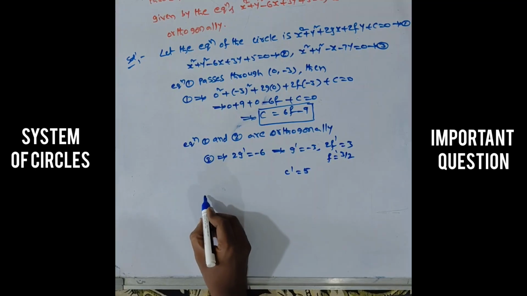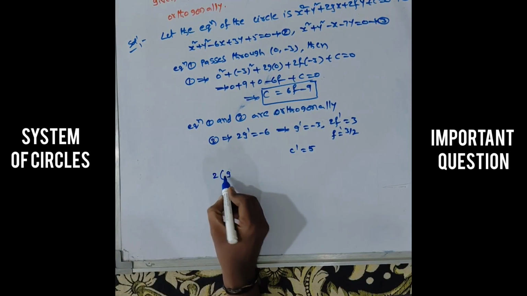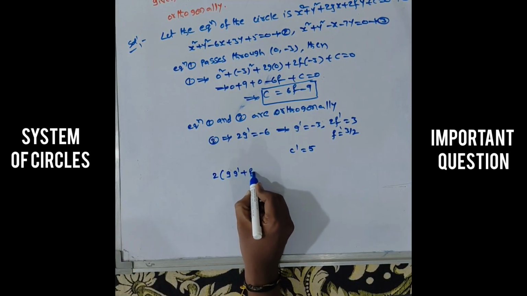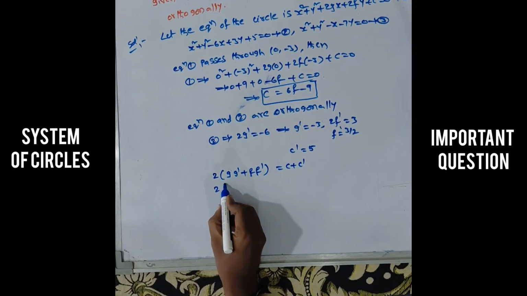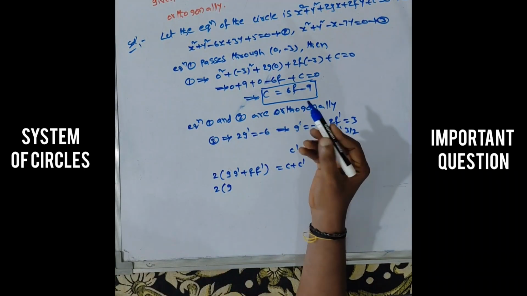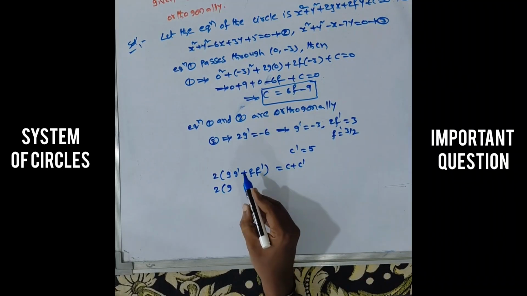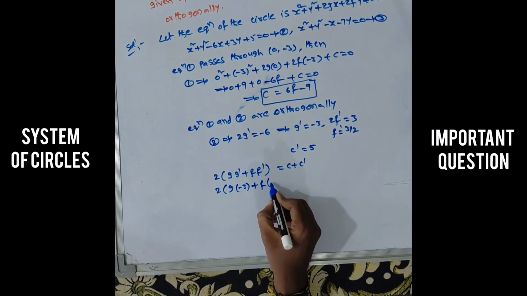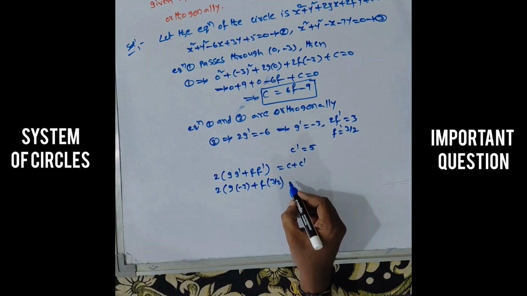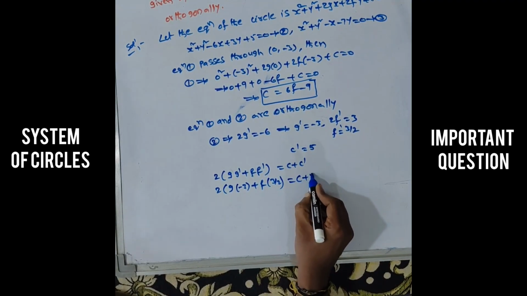Okay, here the condition is 2gg' + 2ff' = c + c'. For the first circle, g, f, c are there. g' = -3, f' = 3/2, so 2g(-3) + 2f(3/2) = c + 5.